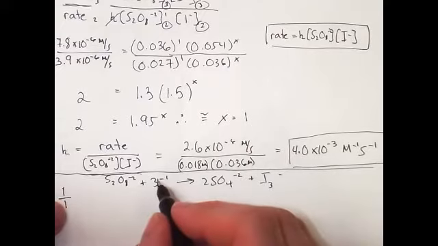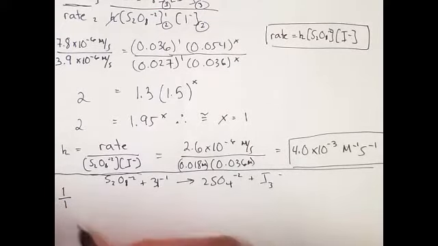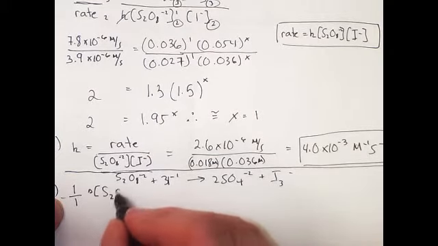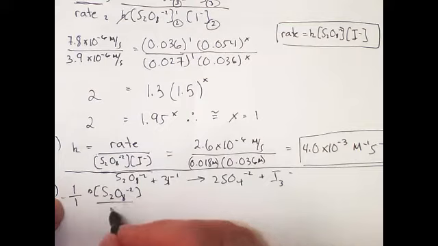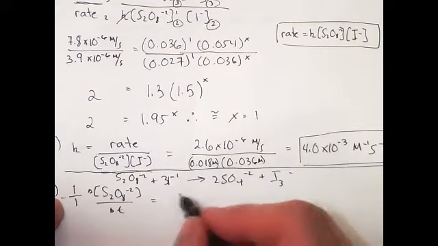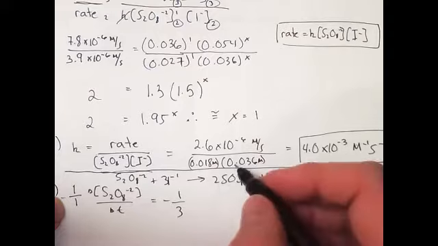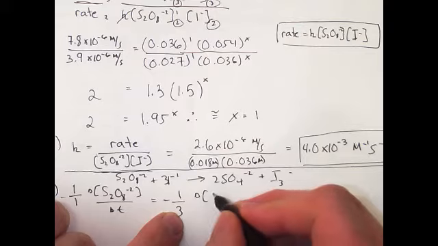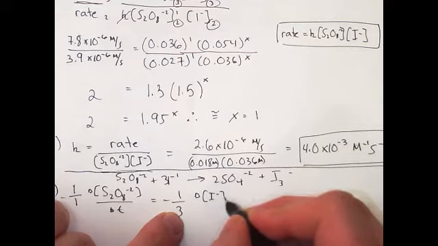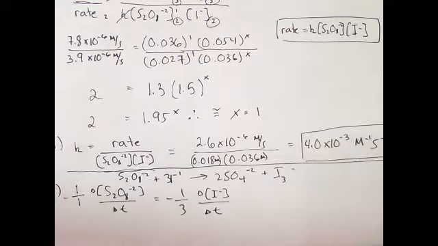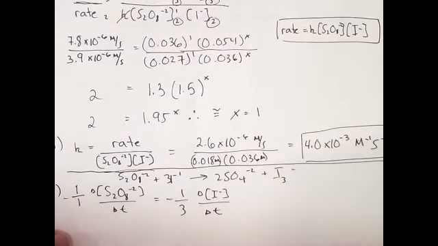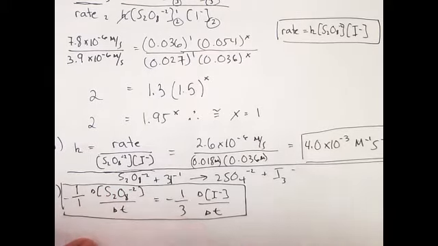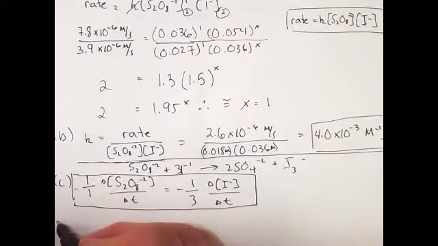So we have the equation. So we know that this is a rate of disappearance, so it's negative. It's a negative change in concentration of S2O8 over delta T is equal to negative 1 over 3. So the rate of this is equal to 1/3 of the rate of iodide disappearance, which makes sense because you need 3 times as much of it. So that is the answer to C, just plugging in our coefficients.